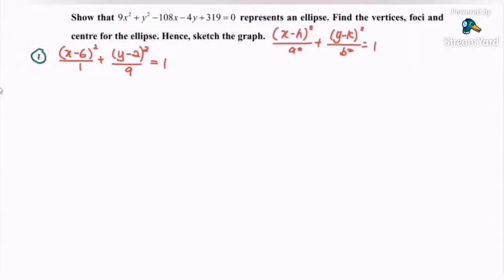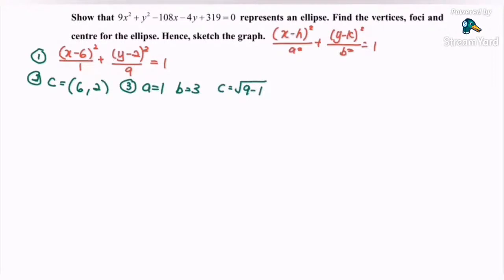Standard form. Then, compare with the standard form and we will have the center C is equals to (6, 2). Followed by the value A is equals to 1, B is equals to 3, and C will be equals to square root of 9 minus 1.